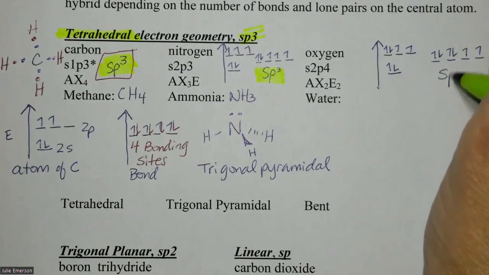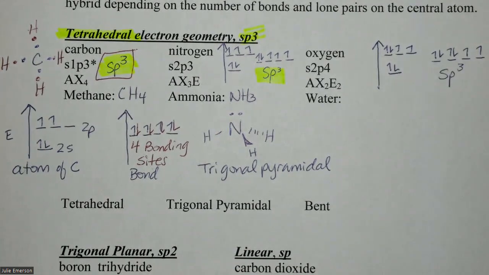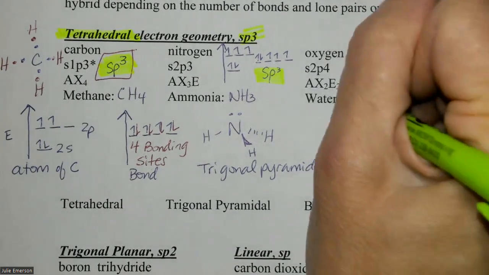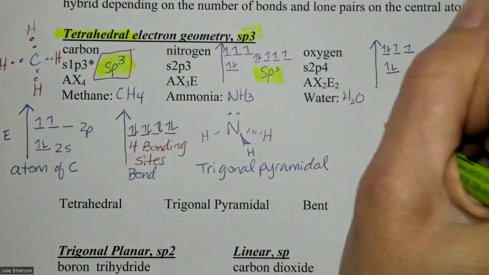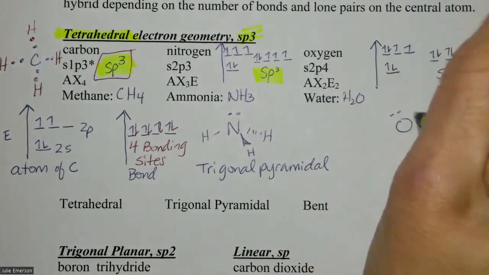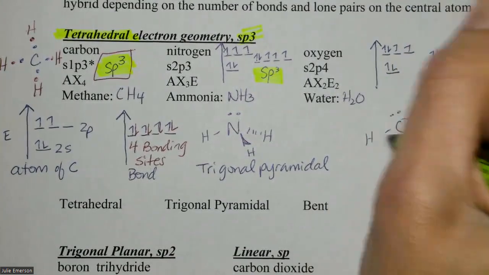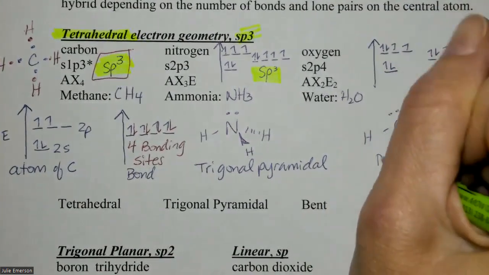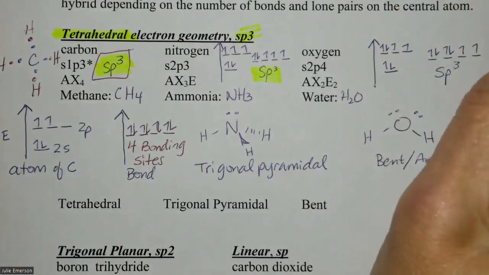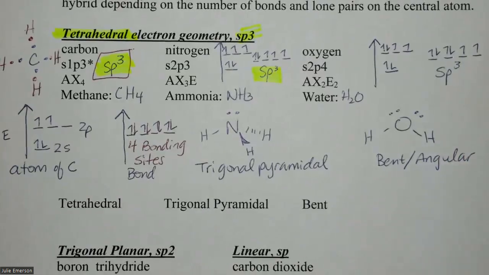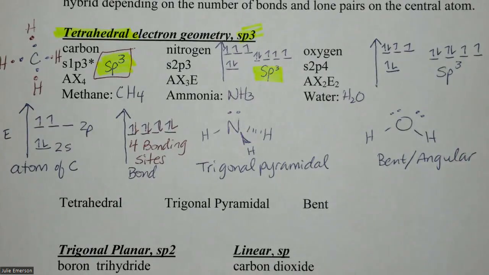So we still need the S and those 3 p orbitals. So when I look at water, H2O, oxygen in the center is going to have 2 lone pairs, hydrogen on either side. This is a bent, or sometimes called angular, molecular shape, but the total number of electron groups for all 3 molecules here stays exactly the same.